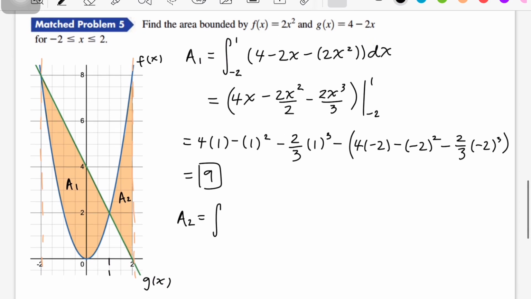In this case, our limits of integration are going to be 1 to 2. So the area between these two curves is now bounded by x equals 1 and x equals 2. Notice that all of our output values for f of x here are greater than all of our output values for g of x here. So when we're taking this integral, we will have 2x squared minus 4 minus 2x.